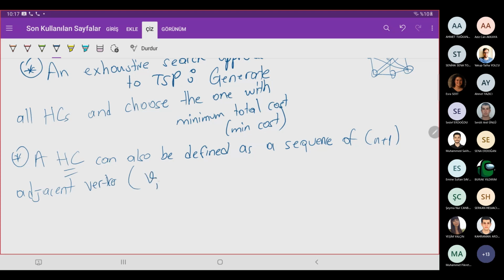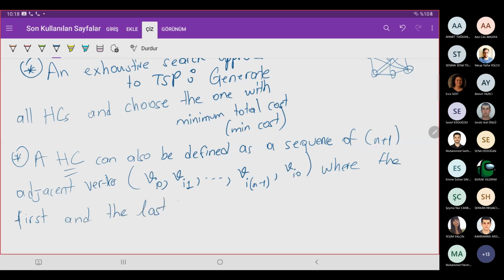Like v_i0, v_i1, ..., v_i(n-1), and then v_i0 again, where the first and the last are the same.